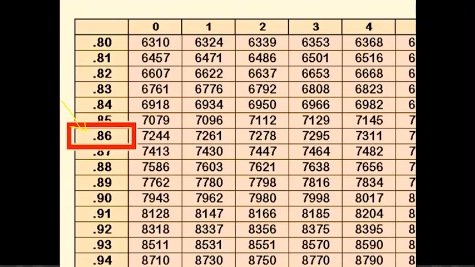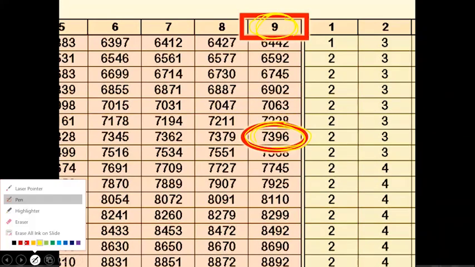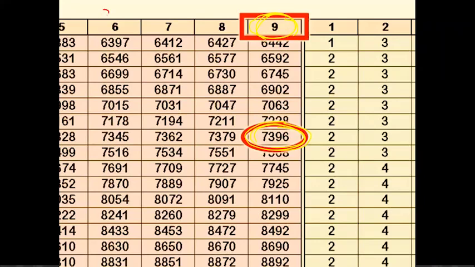Then we move from here to the right side up to the 9th column of the first set. So we see the 9th column, and in the same row we note down this value. So we have covered 0.869. This is what we have covered.